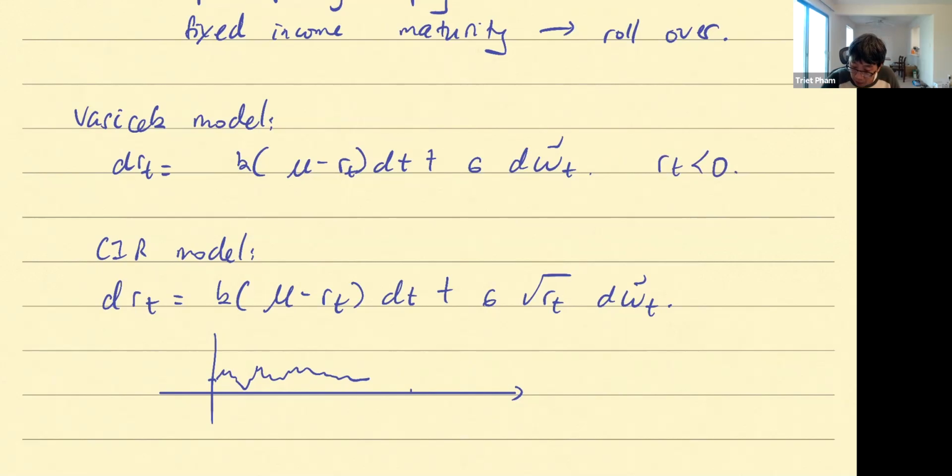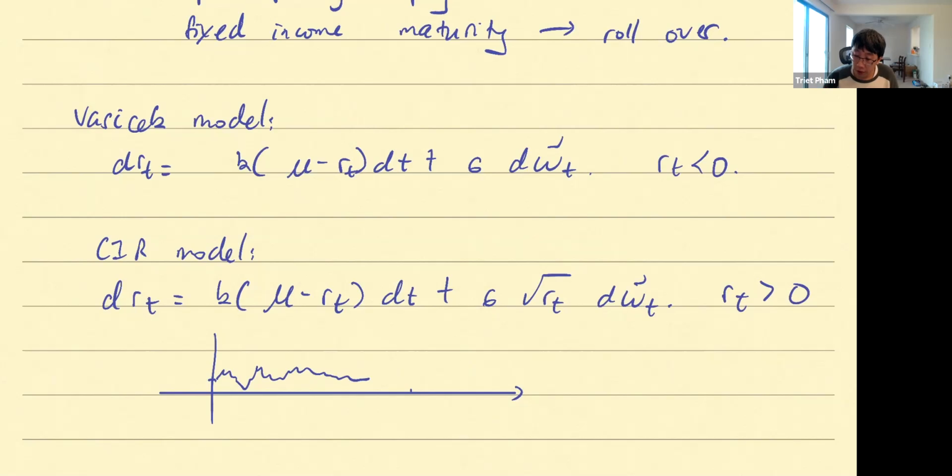In the CIR model, the moment you touch 0, this square root will turn off your Brownian motion, because the moment you touch 0, this will be 0. So it's beautifully done so that the moment you touch 0, the Brownian motion is turned off, and you get pulled up immediately. So with the CIR model, you never have to worry about your interest rate being negative.